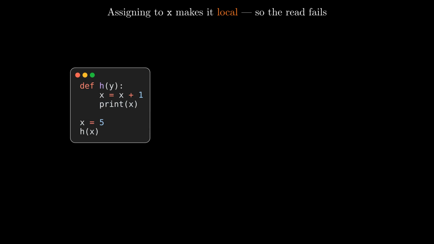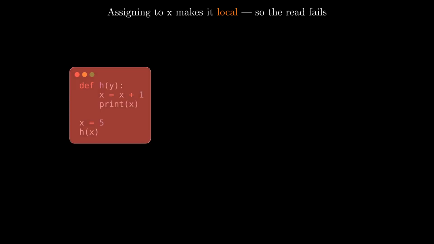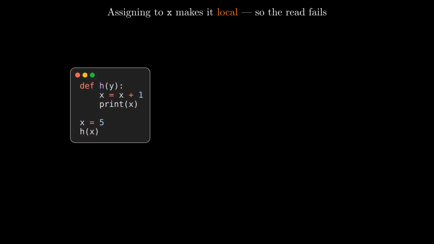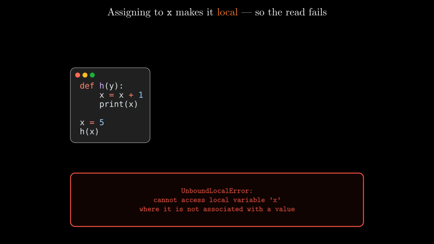Calling h makes a new scope, with y mapped to 5. Then comes x is set to x plus 1. This crashes. Python raises an unbound local error saying it cannot access local variable x because that variable has no value it can use. Crucially, Python does not borrow x from the outer scope the way the middle example did. Here's why.